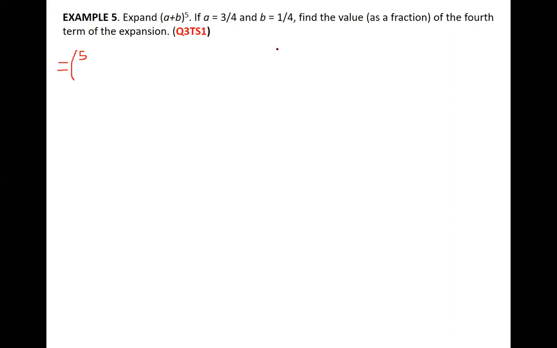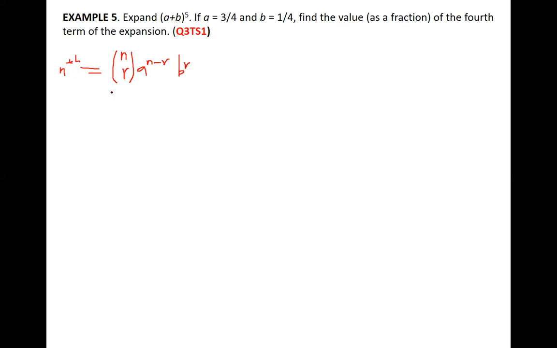How can you find r? Well, first let me write the whole formula here. The nth term is given by n choose r, then a to the power n minus r, and then b to the power r.